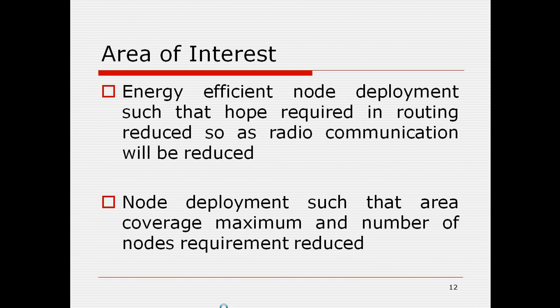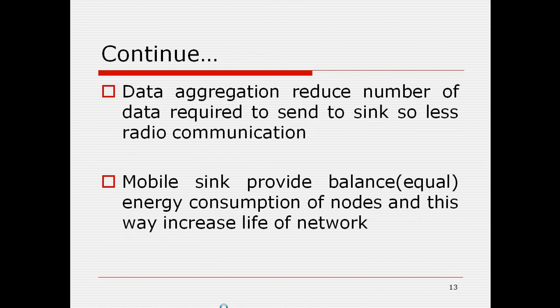If we reduce the number of nodes, we can also increase the lifetime of the network. Data aggregation: instead of sending all data, we can send very little data to the sink while maintaining the quality of data. Then, due to less data being sent to the base station, less radio communication occurs, and we can increase the lifetime of the network.